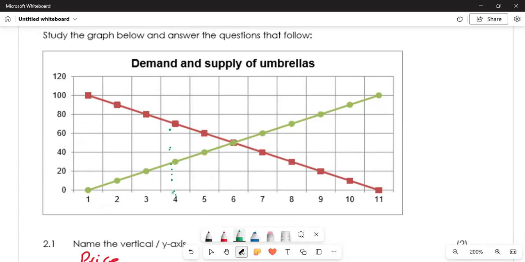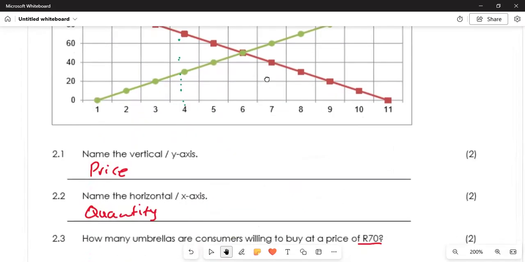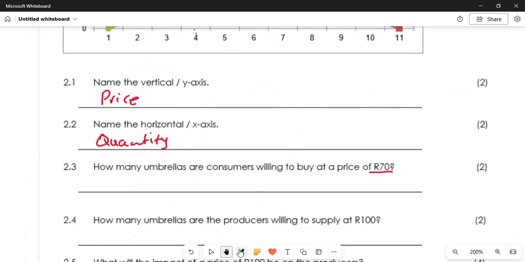So it means this is 4 umbrellas. So umbrellas, how many? 4. Just answer it like that. 4 umbrellas. Now we are moving on. Oh, sorry.